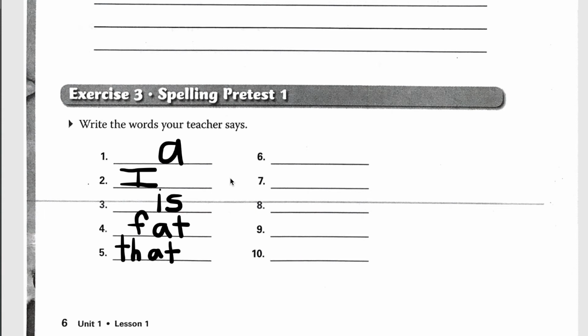How do you spell this? T. What comes next, everyone? H. I. S. This. Okay, number 7. The. The answer is correct. How do you spell the?